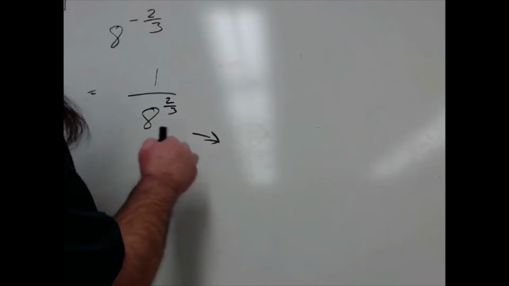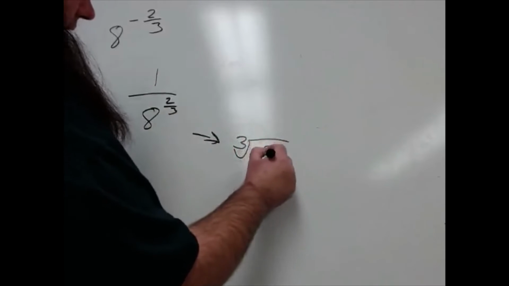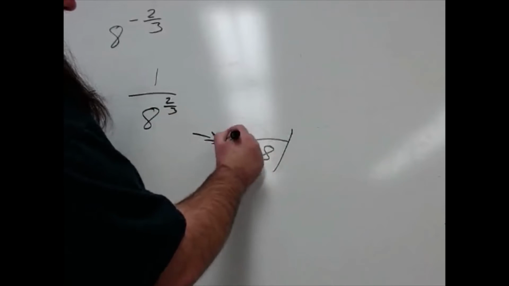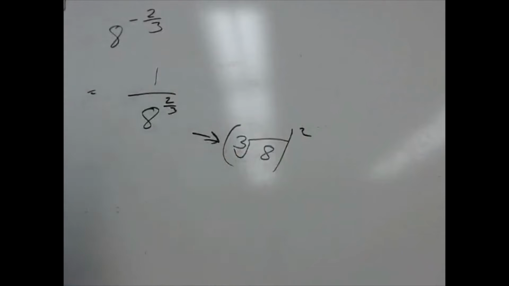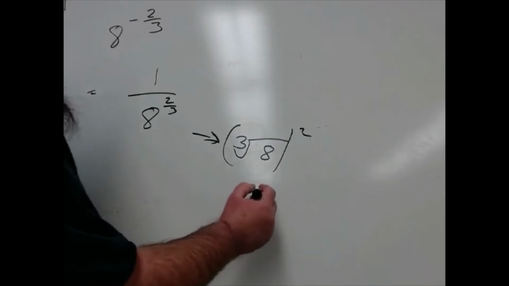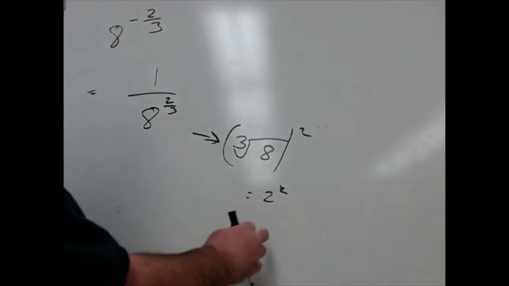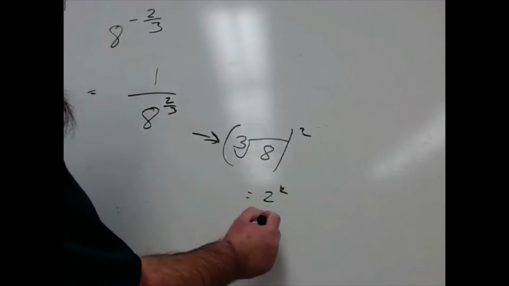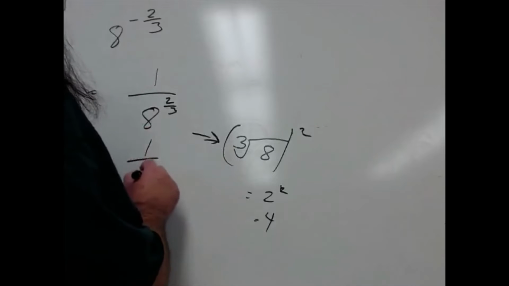So the denominator becomes the index of the radical, so this is the cube root of 8, and then I square that. Of course, the cube root of 8 is 2, because 2 times 2 times 2 gives me 8. So this becomes 2 squared, and 2 squared is equal to 4. So this really just becomes 1 over 4.